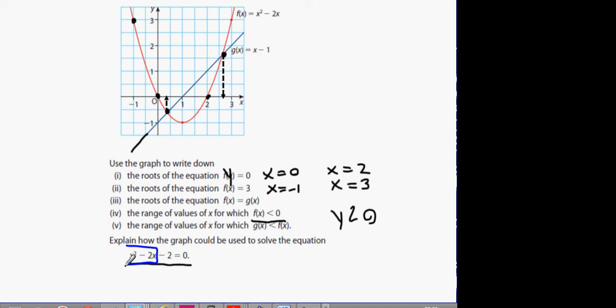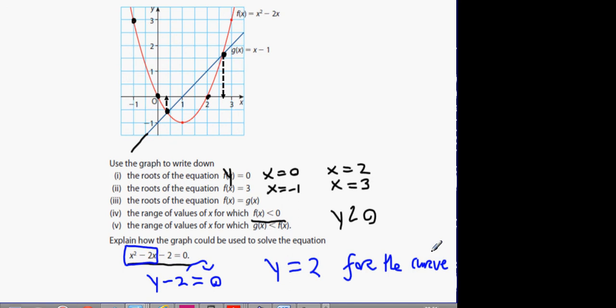And what do we normally replace it with? f of x, or y. We're talking about the curve, the y value of the curve. y minus 2. What can we do with the 2 then? So this is solving the equation y equals 2 for the curve.